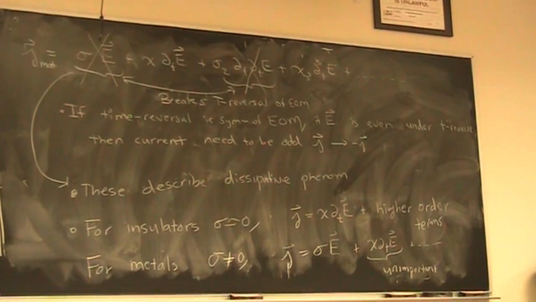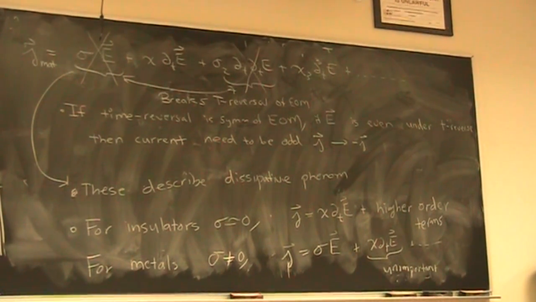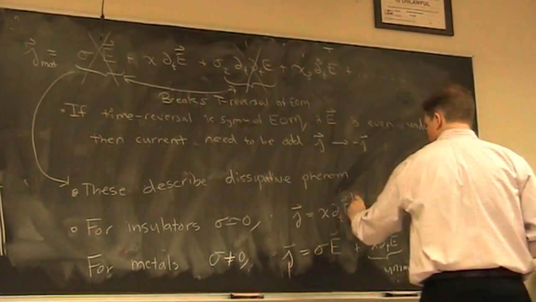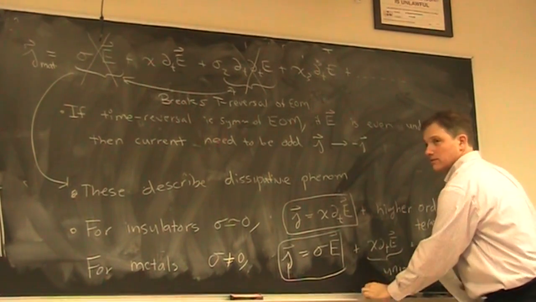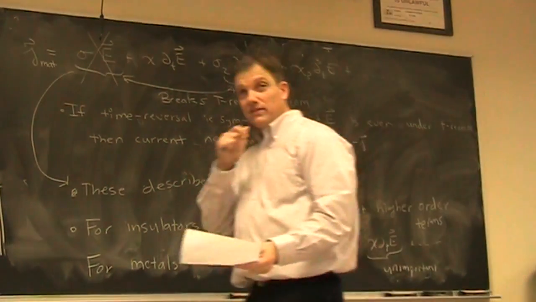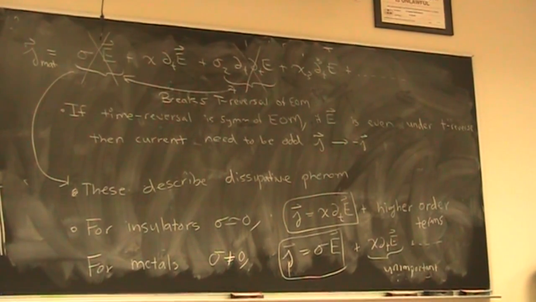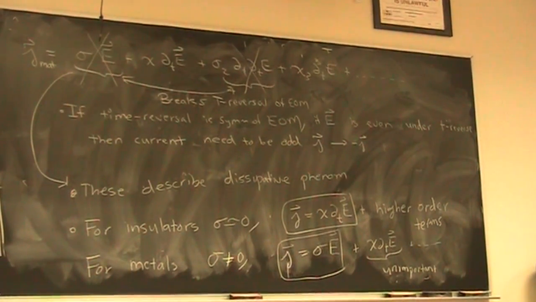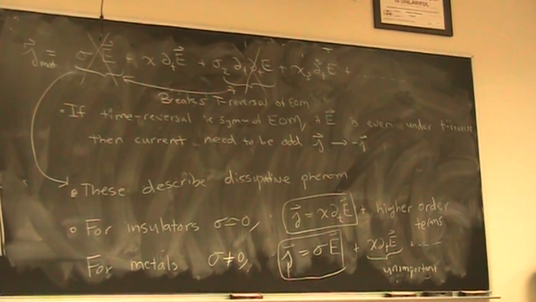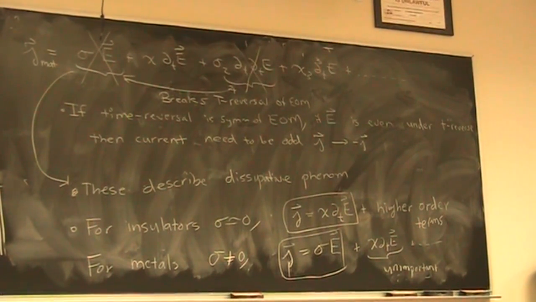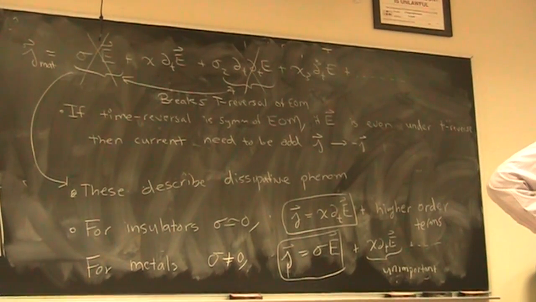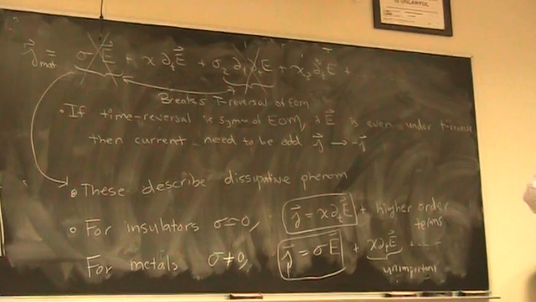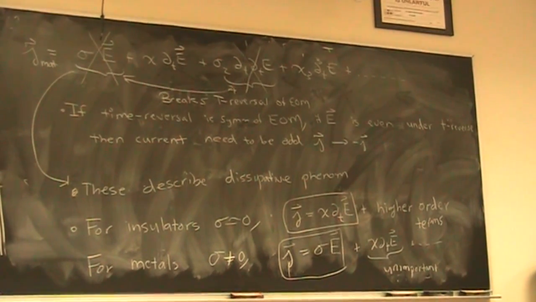As a result, we'll stick with this simple form for dielectrics, and this simple form for metals, until you start talking about high frequency phenomena, like waves in the media. In which case, you'll need many, many terms in this derivative expansion. We'll include them all, and we'll talk about that at some point. Okay, stop there.